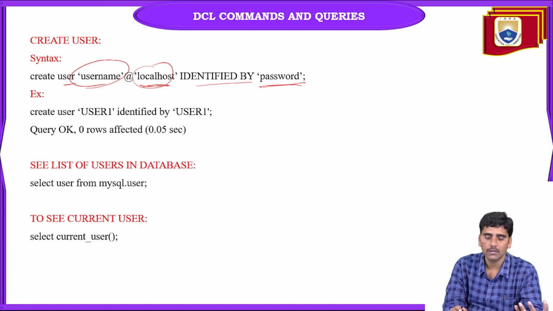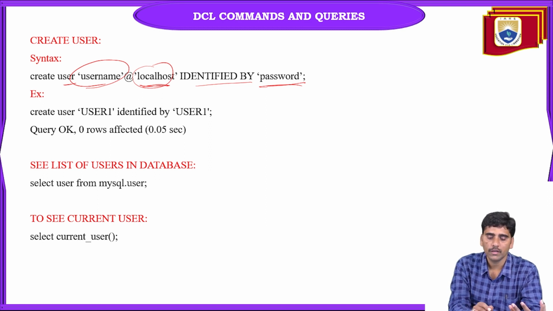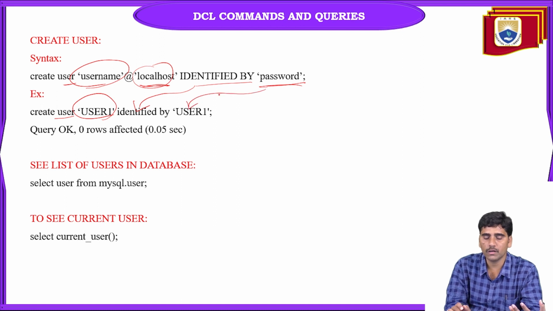So here this is the syntax. Create user, the username is what? Username@localhost identified by password. So now an example: create user, the username is user1, which is identified by the password, also user1.